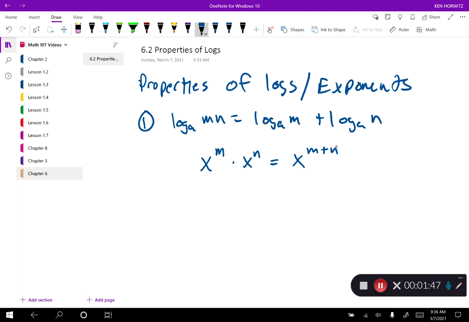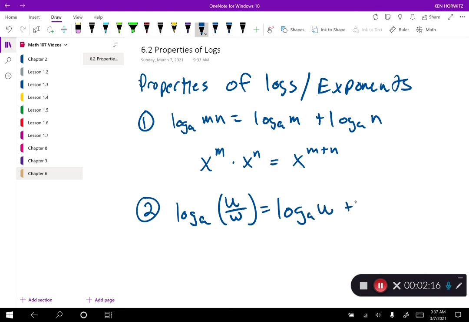All right. So the second property is called the division property. And the division property says that if I have the log base A of u divided by w, that's the log base A of u minus the log base A of w.